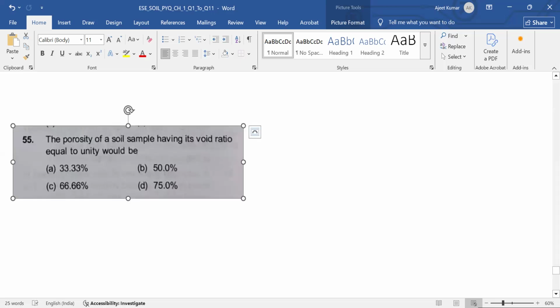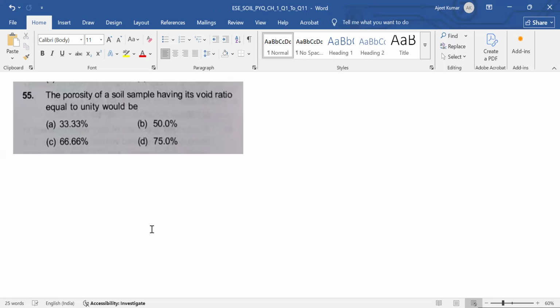The porosity of a soil sample having its void ratio equal to unity. So e is equal to 1. Porosity is equal to e divided by 1 plus e. This is 1 divided by 1 plus 1, which is 1 by 2, so 50%. Okay. So 55, B.